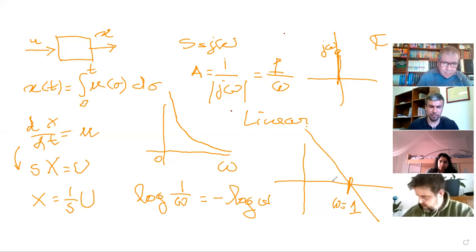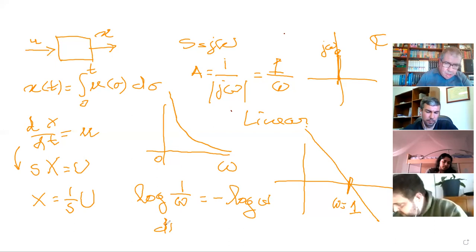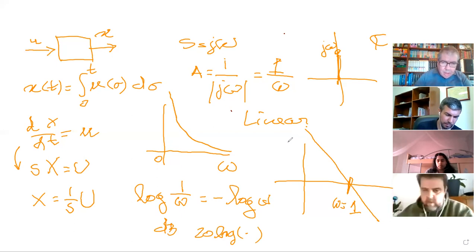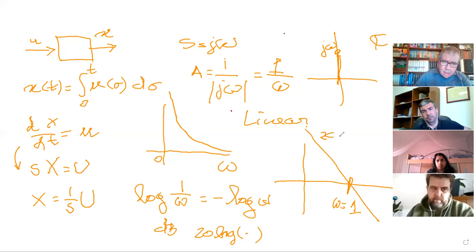Now, electrical engineers use the so-called dB, which is 20 logarithm of something. You can see that this falls at a rate of 20 dB per decade.